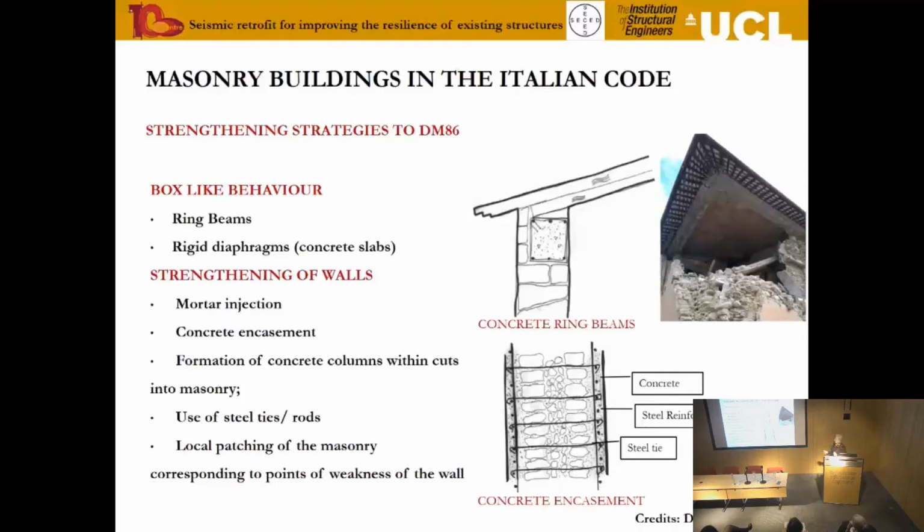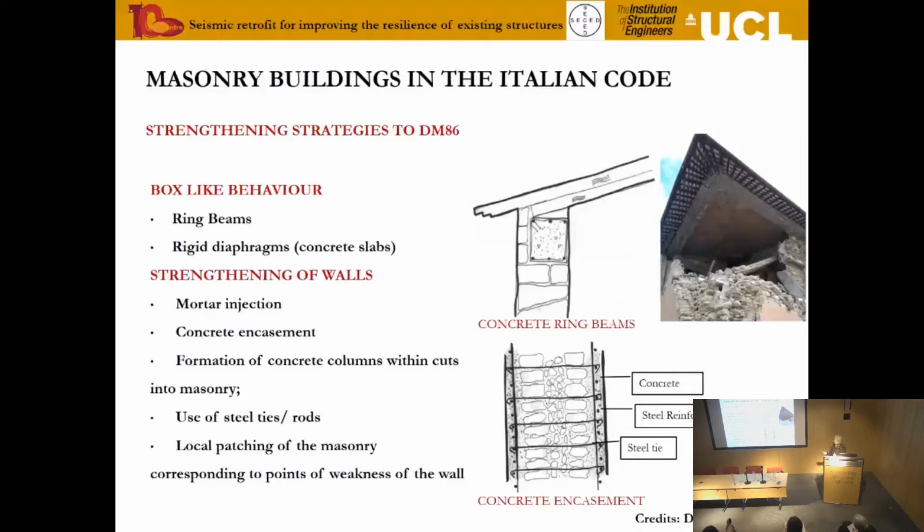And these provisions, by the way, were adopted in Italy and then exported worldwide, I would say. So you would find some of the same interventions in New Zealand or in China and other places like that. So it was really the common engineering knowledge at the time.